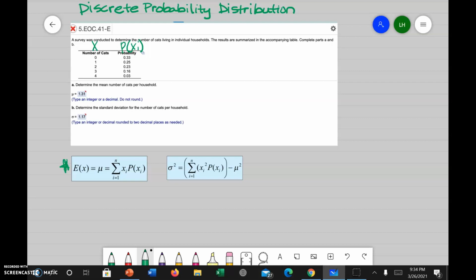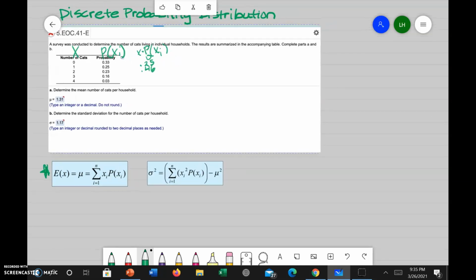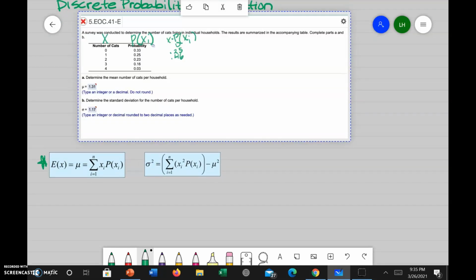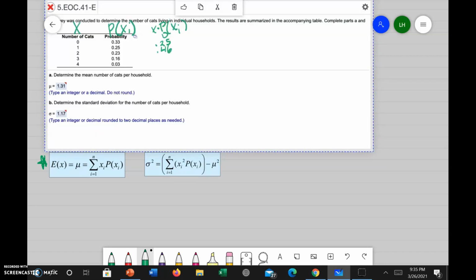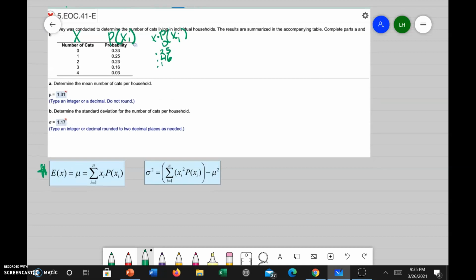So we would get 0 times 0.33, which would be 0. 1 times 0.25 would be 0.25. 2 times 0.23 would be 0.46. 3 times 0.16 would be 0.48, and then 4 times 0.03 would be 0.12.